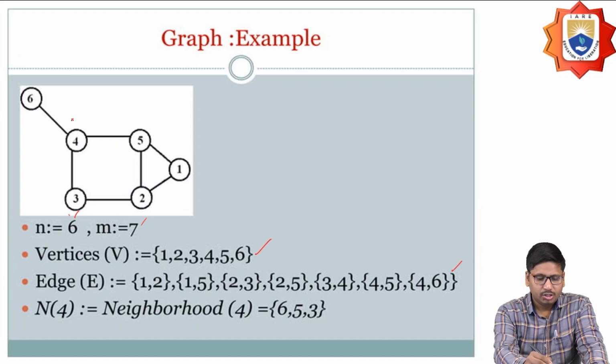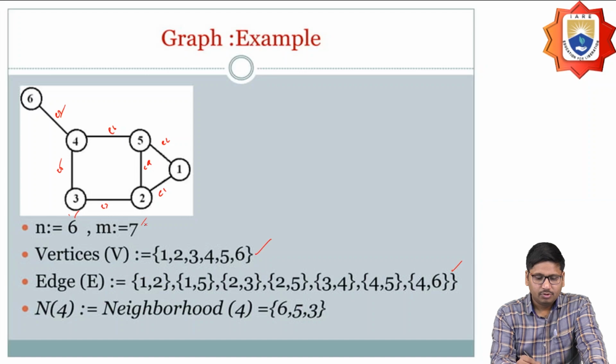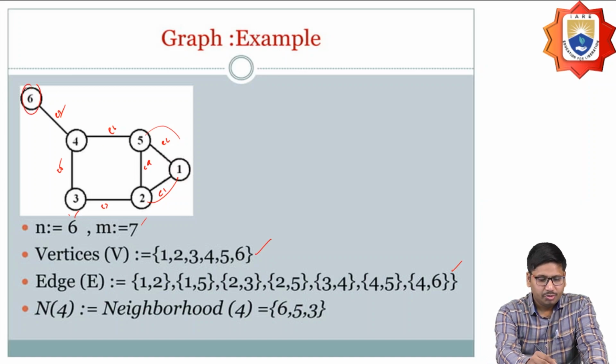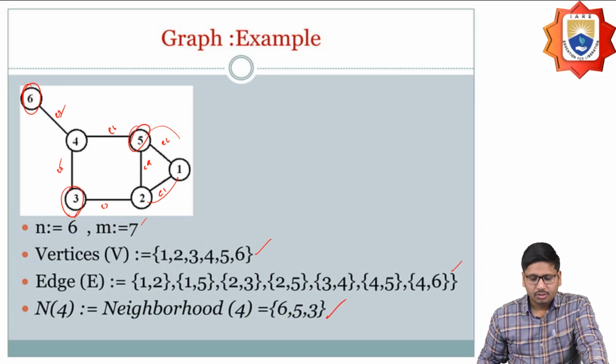I can write the edges as E1, E2, E3, E4, E5, E6 and E7. Or I can present it as a set of pairs like (1, 2) and (1, 5). What is the neighborhood of 4? That should be 6, 3 and 5. So these are the neighbor vertices of node 4.